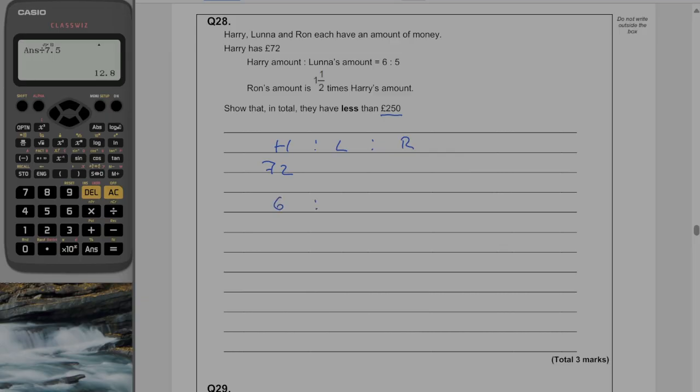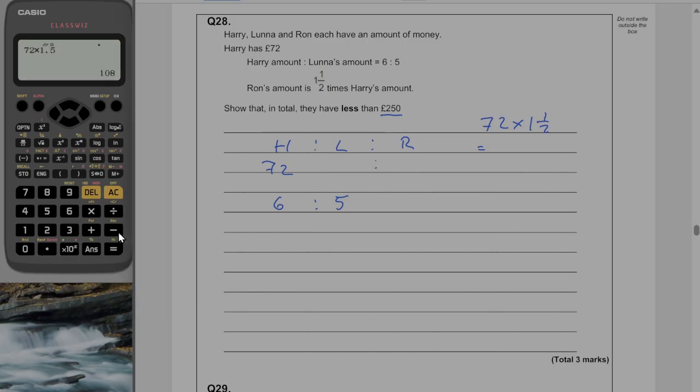So we're putting these in as different parts. And we know that Ron's amount is 1.5 times Harry's amount. So we can actually say that 72 times by 1.5 is going to be equal to... 72 times by 1.5 gives us 108.